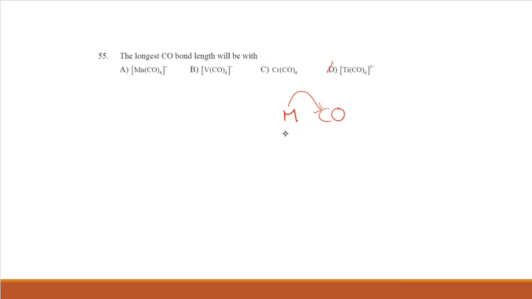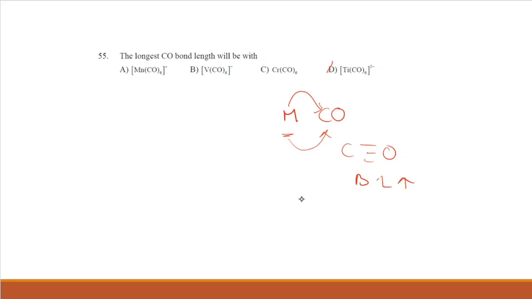And if that metal ion is having the high charge, especially the negative charge, then after the donation of the pair of electrons, the bond between C triple bond O weakens, and we can say that the bond length increases.